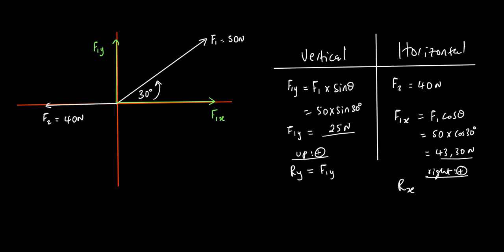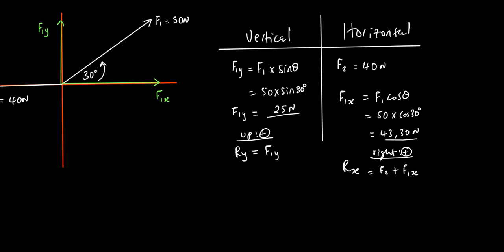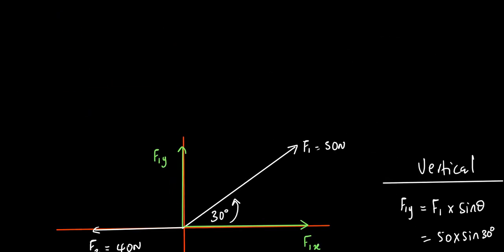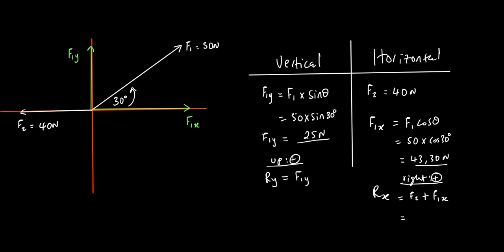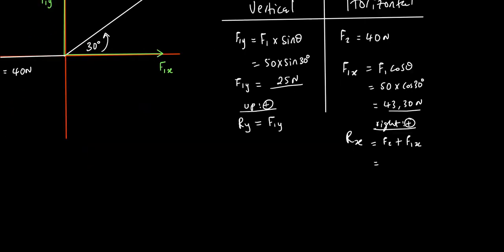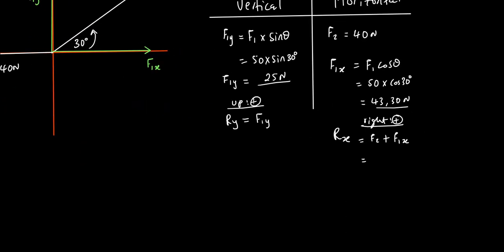Your F2 is going to the left, so we give it a negative: negative 40 plus F1x, which is going to the right, 43.3.